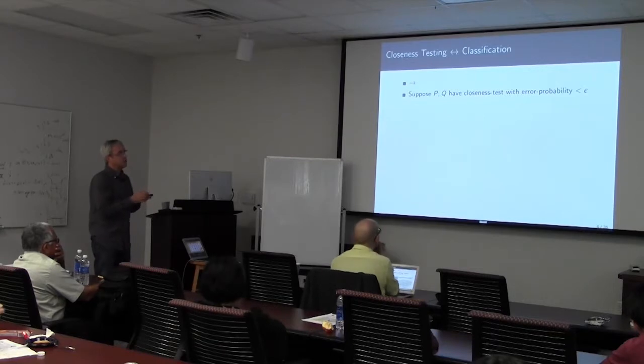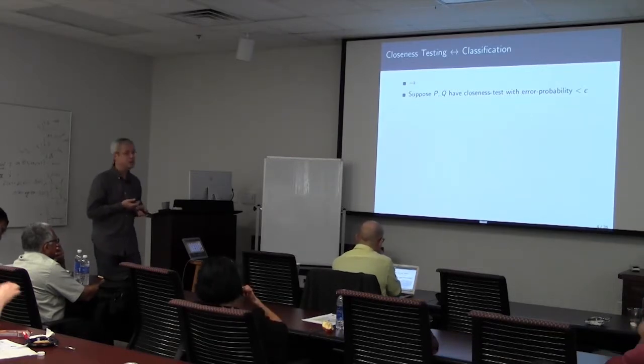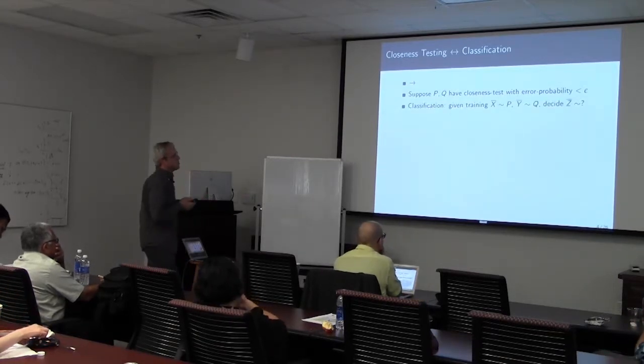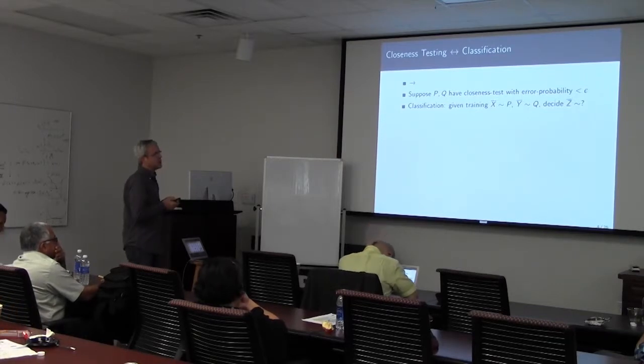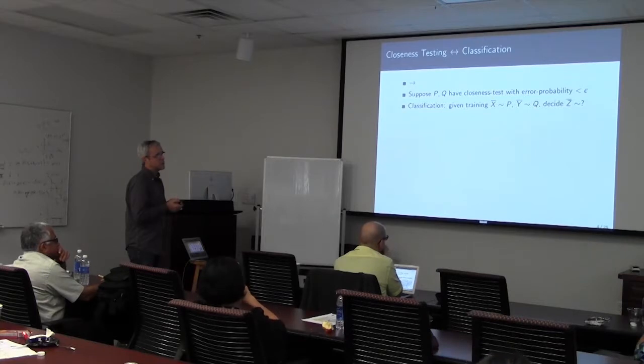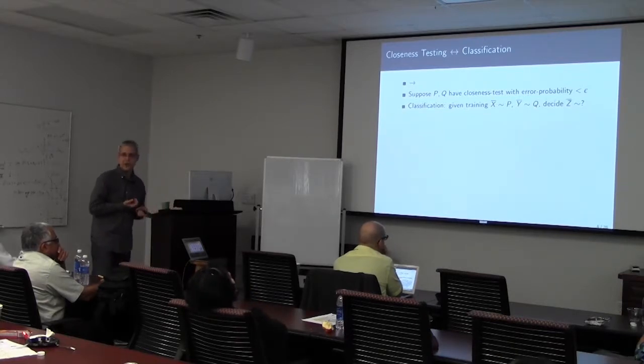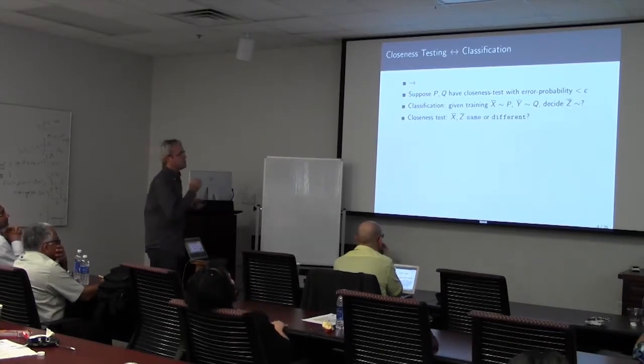So let's assume that we want to show we can do classification. When we do the classification, we'll be given two training sequences, X according to P, Y according to Q, and we want to decide what Z was generated by. So we do something very simple.